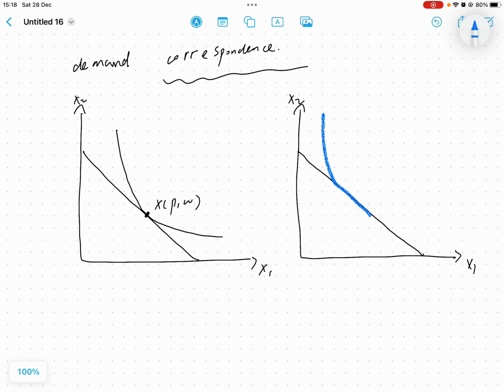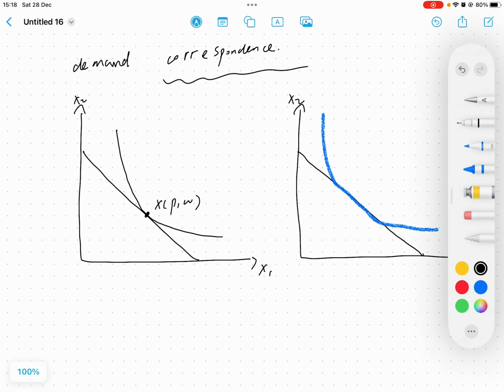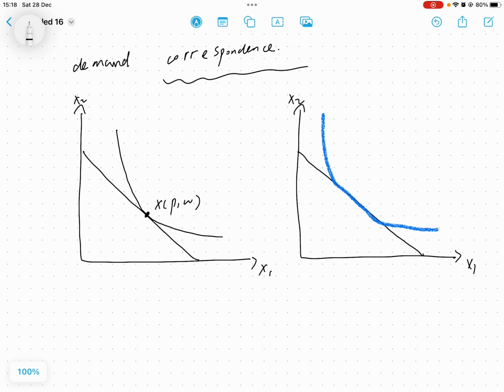It goes here and then like this. If this is the case, then we will have infinitely many of those points, and this forms a set. So this set is called a correspondence. All those points consist of this x set. That's essentially why we're introducing this as a correspondence.